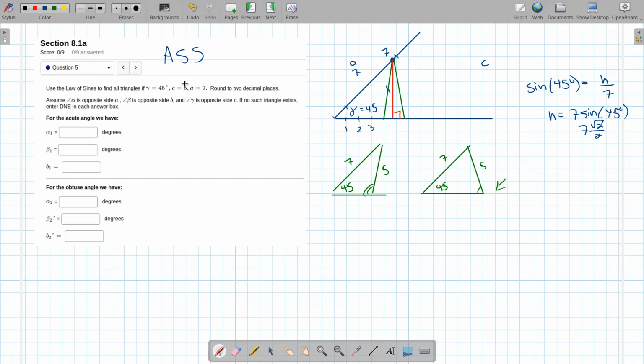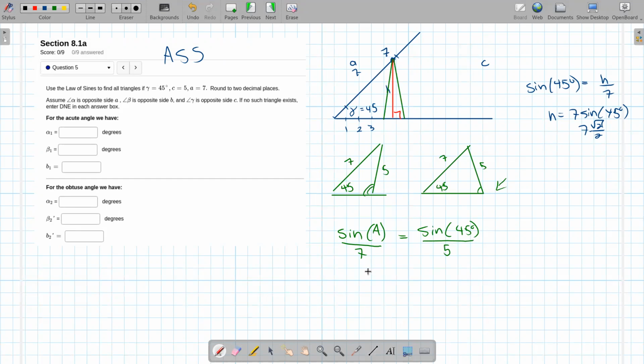All right, so let's see, what should we do first? Well, we have angle C and side C, and we have side A, so let's go for angle A. So law of sines says the sine of angle A divided by side A, which is 7 here, has to equal the sine of angle C, 45, divided by side C, which is 5.